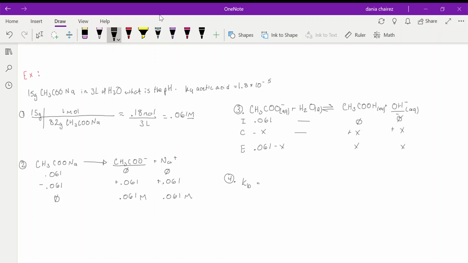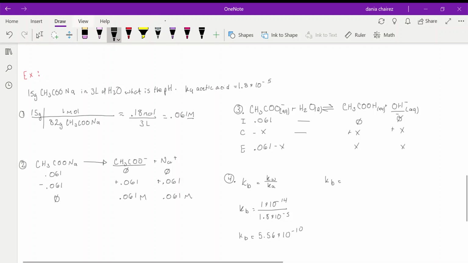And since we're given Ka, we're going to do Kw divided by Ka gives us Kb, which is 1 times 10 to the negative 14 divided by 1.8 times 10 to the negative 5. So our Kb ends up being 5.56 times 10 to the negative 10. So now we can solve for our x's.